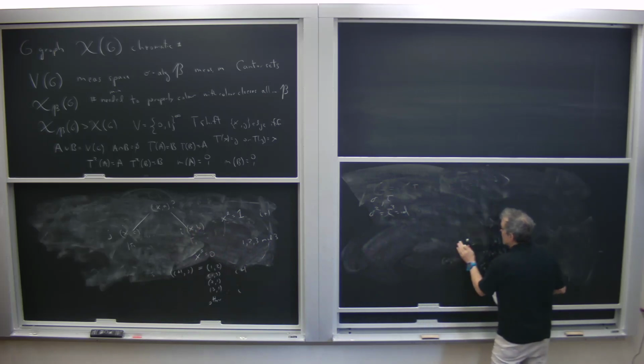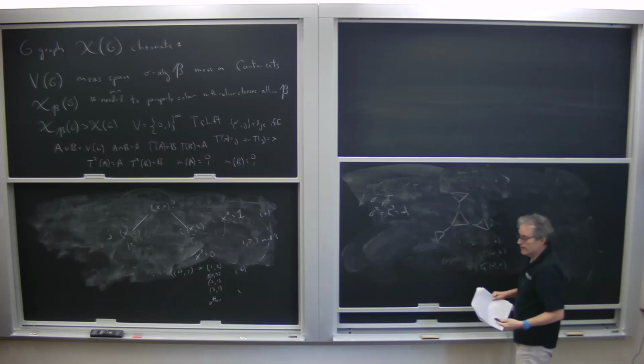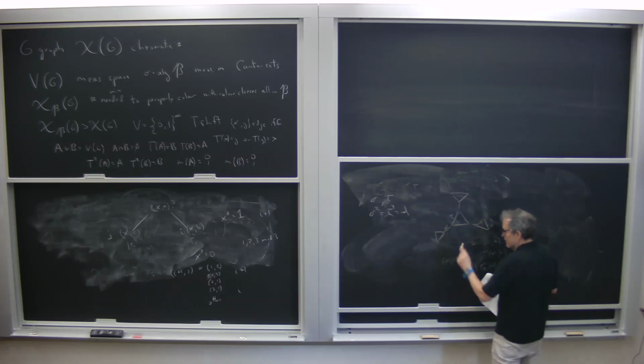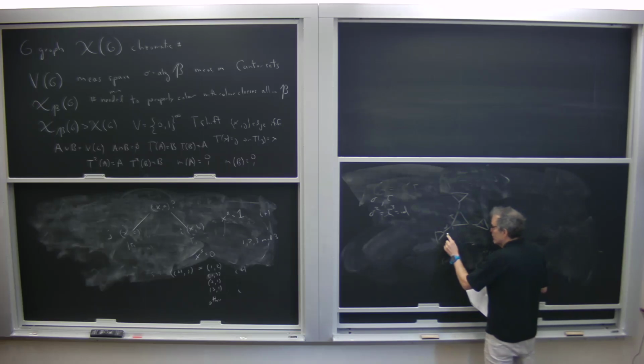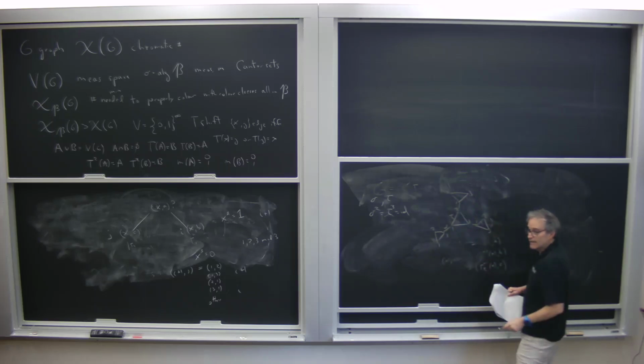And you have this system, where going around the triangle is the tau, right? And this is the sigma. Yeah. You have 1, 3, 1, 2, 2, 3, 1, 2, 3, 1, 2, 3, like that.